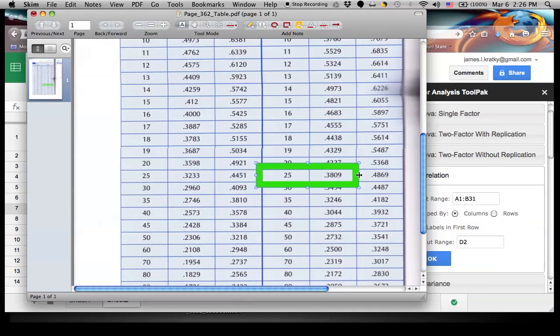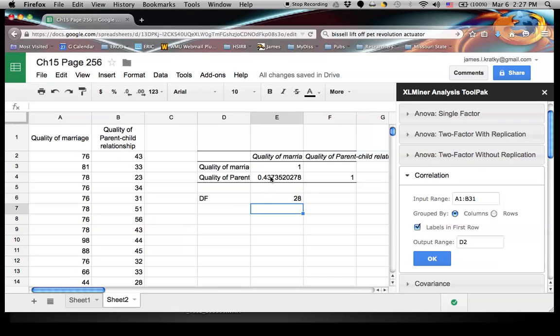What this tells us is if our correlation coefficient is 0.3809 or larger, then we would reject the null hypothesis. So this is our comparison value. And when we come back here, we have the 0.437.